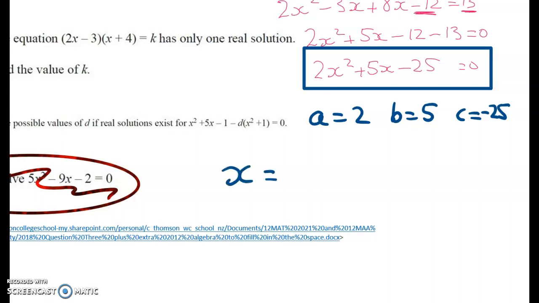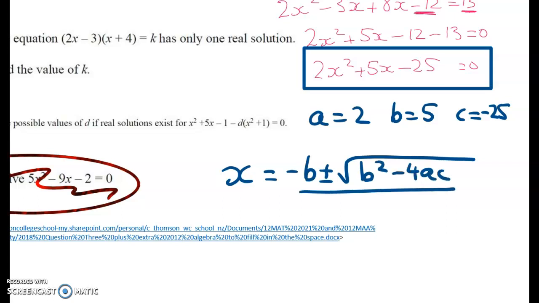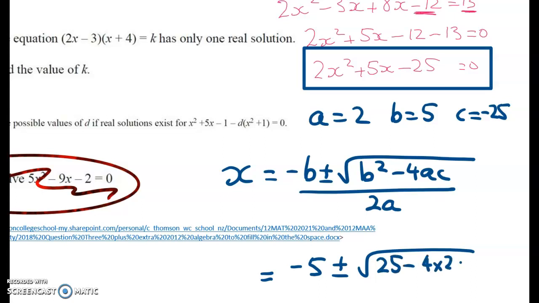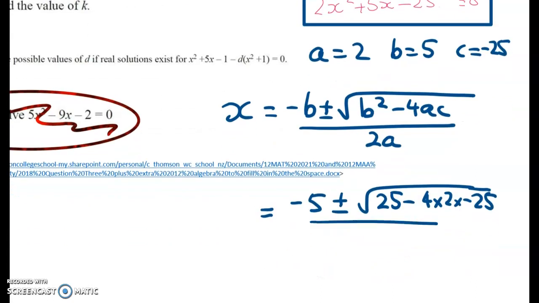So x is equal to negative b plus or minus this, so negative 5 plus or minus the square root of 5 5s are 25 minus 4 times 2 times negative 25. I tell you, doing this one with grouping was way faster. Divided by 2a, which is 4.